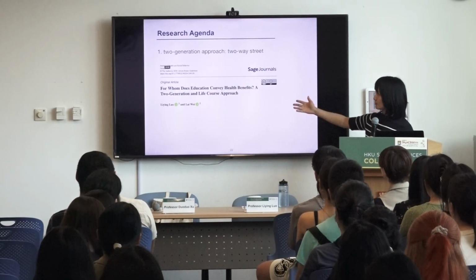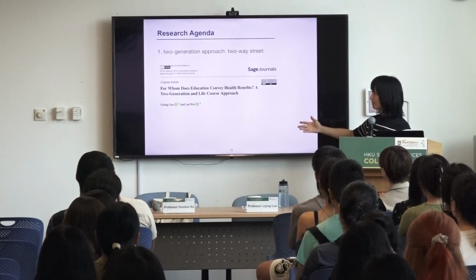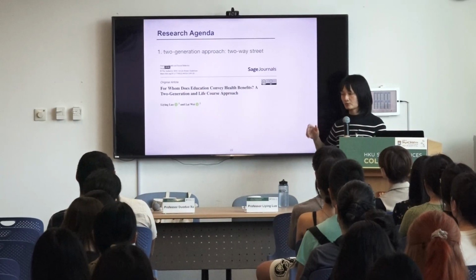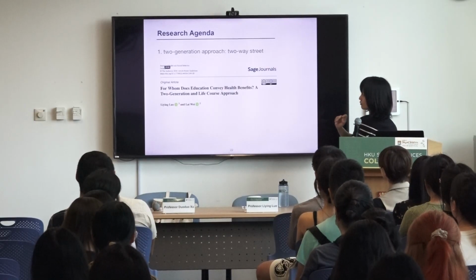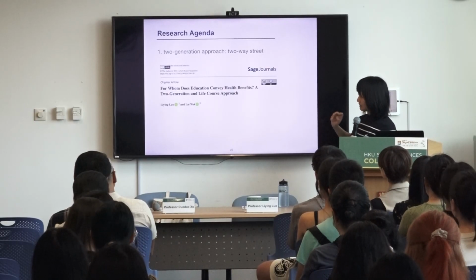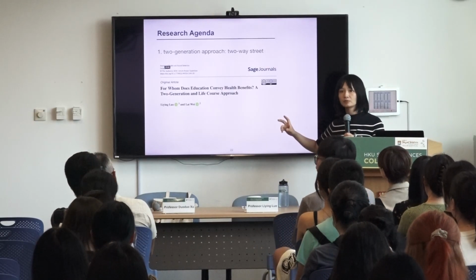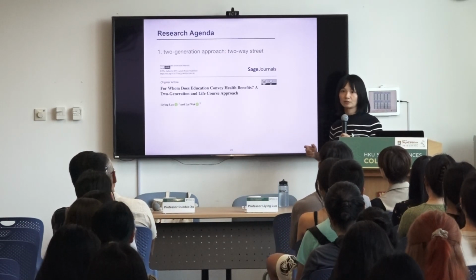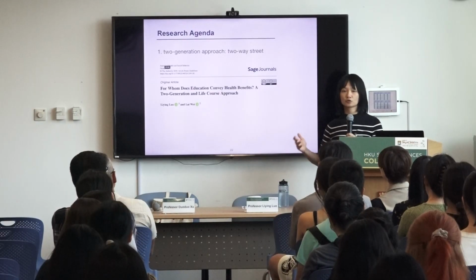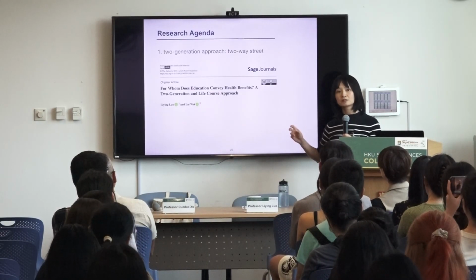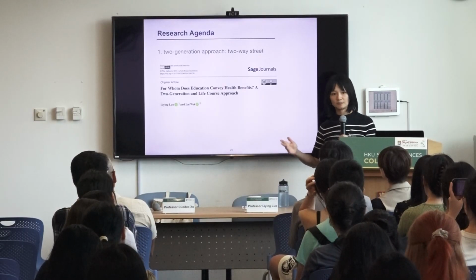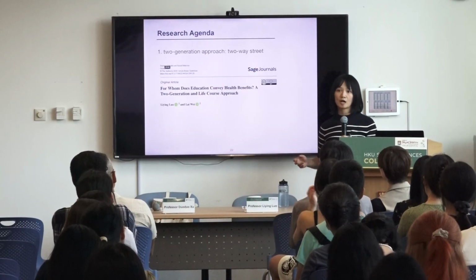For example, this is one recent article that I published with Wei Lai, who is in the audience, in the Journal of Health and Social Behavior. We again use a two-generation approach. We show that the health benefits of college education are remarkably similar across socioeconomic backgrounds. This addresses very interesting sociological debates about the return of college education.